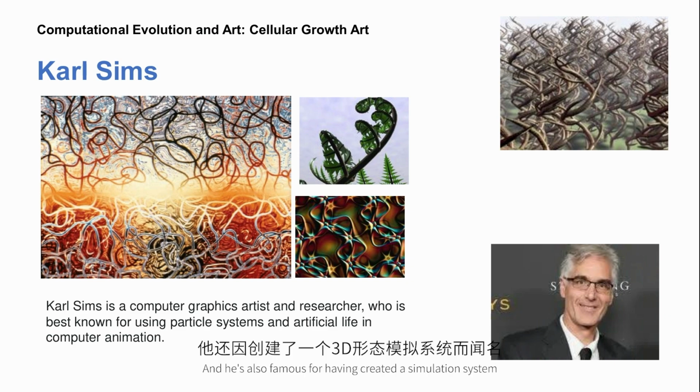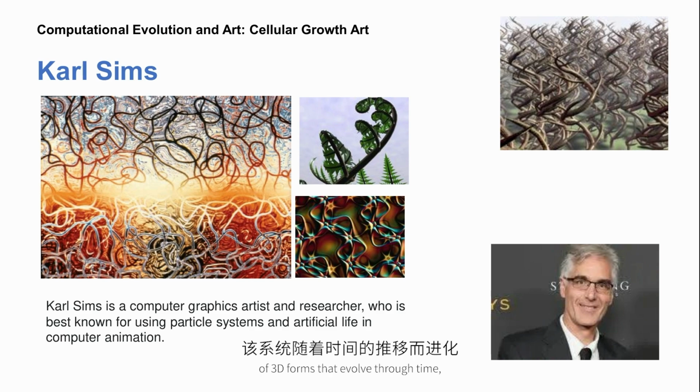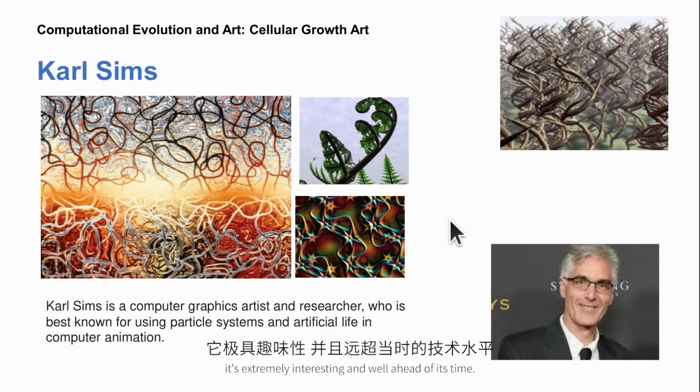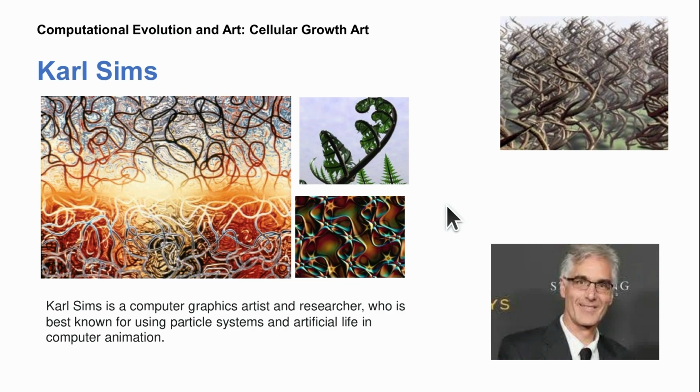He's also famous for having created a simulation system of 3D forms that evolve through time, through computer time, and change their shapes and find ways to occupy the environment. So I invite you to research this work from the early 90s. It's extremely interesting and well ahead of its time.